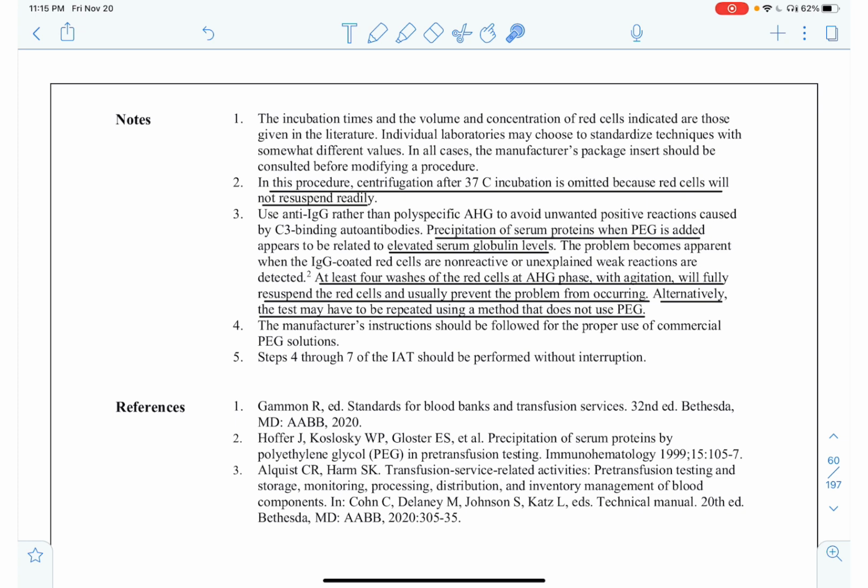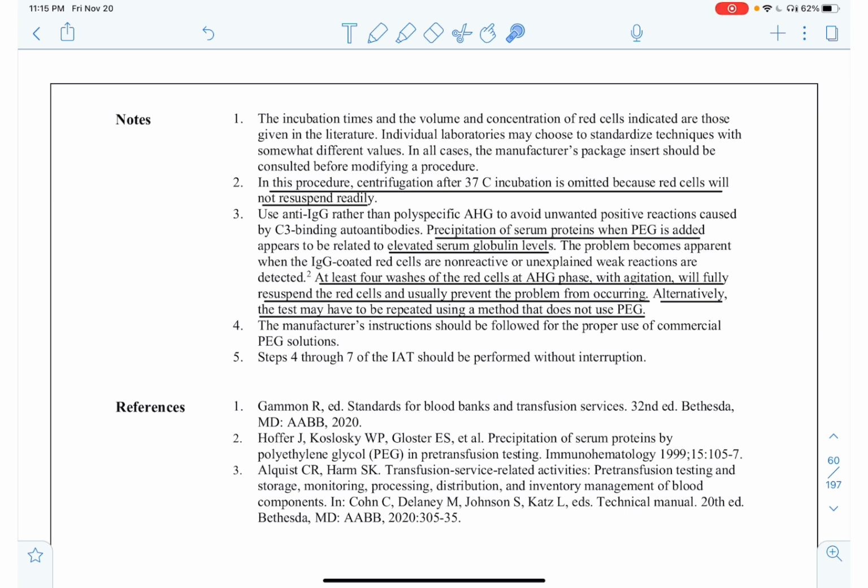Typically, we'll begin an antibody screen using LISS, and if LISS is negative with all cells, we'll then move to PEG. If PEG is negative with all cells, we can then use another method if the hospital requests it.